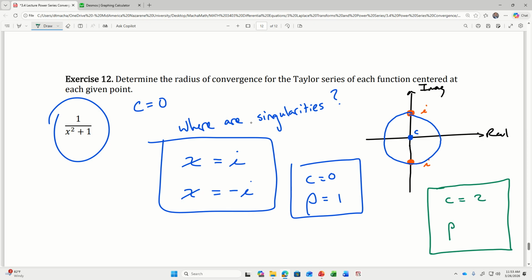What would my radius of convergence be? If this was my center, what's the distance from my center to the nearest singularity? They're both equidistant, but you know. Square root of 5. Square root of 5, there you go.